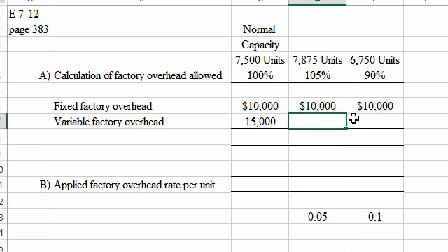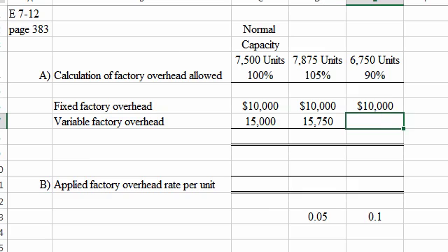So what we do here, you get the amount of variable factory overhead if we produce 7,875 units, or 105% of normal capacity. To get the amount of variable factory overhead, we just say our normal variable factory overhead times 105%, or times 1.05. So variable factory overhead at 105% of normal capacity would be 15,750.